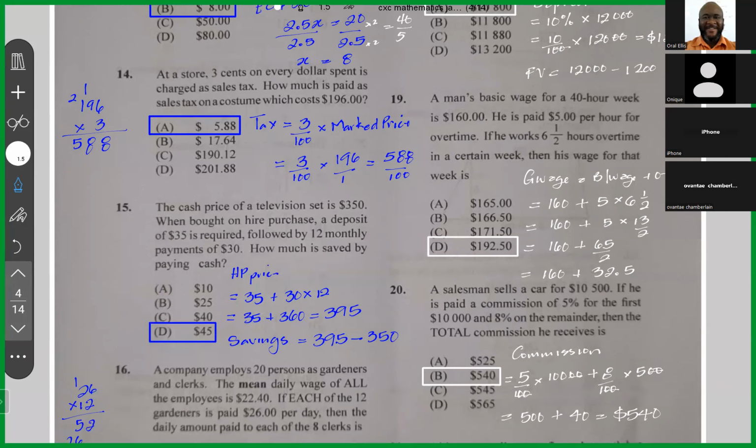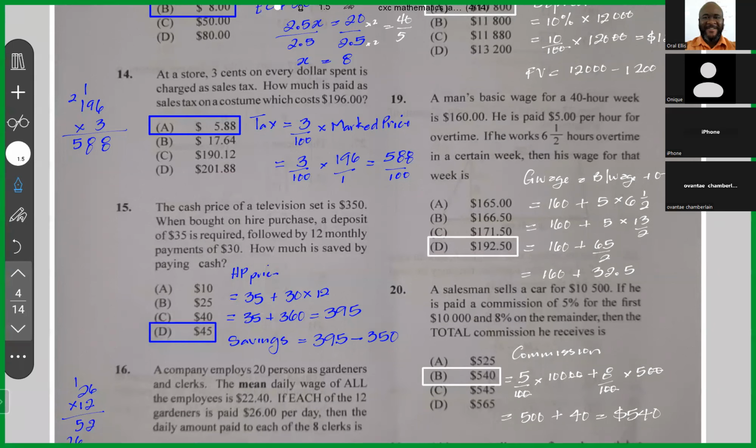How much is paid as sales tax on a costume which costs $196? Well, the tax is 3%, 3 cents out of every dollar. A dollar has 100 cents in it. Some people don't know that.